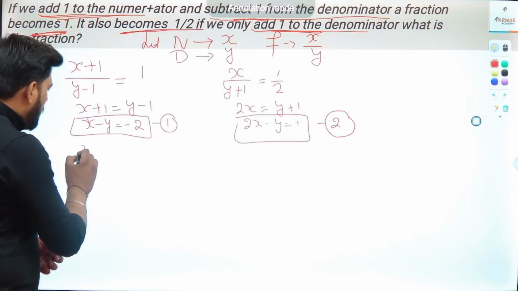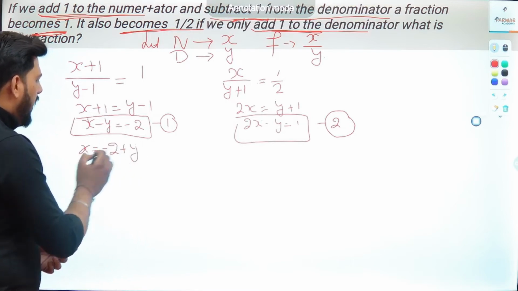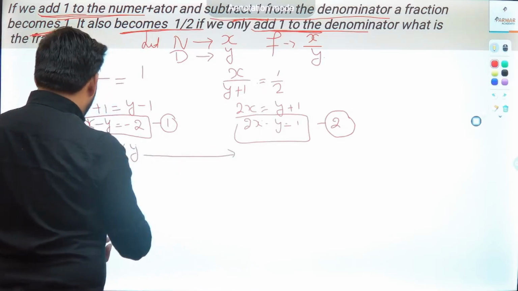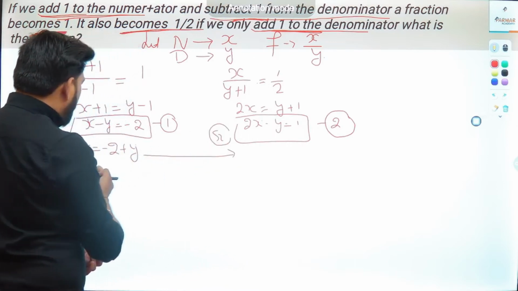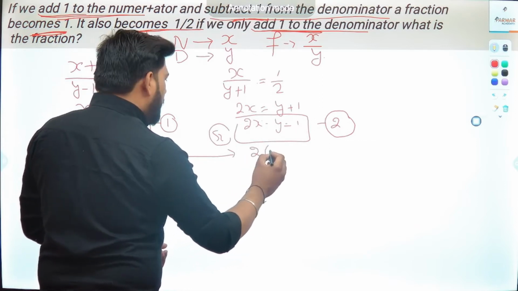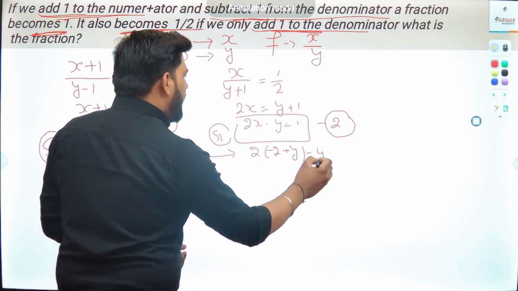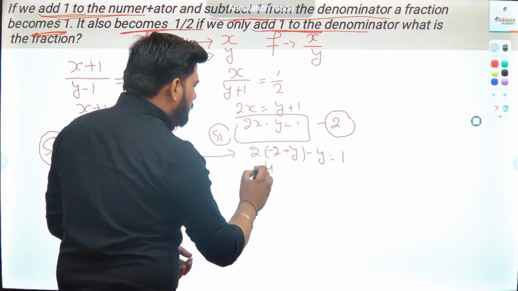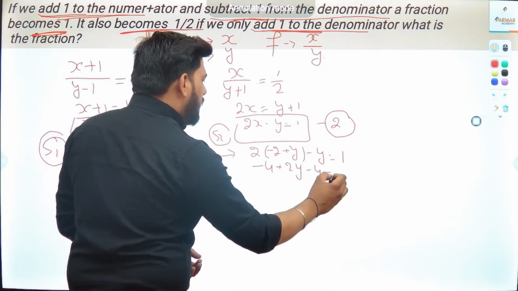From here we will get the value of one variable, that is x equals minus 2 plus y. This is step 1. Step 2, substitute this value in equation number 2, that is 2 into x, that is minus 2 plus y, minus y equal to 1. That is minus 4 plus 2y minus y equal to 1.